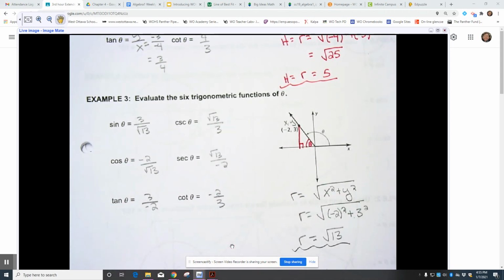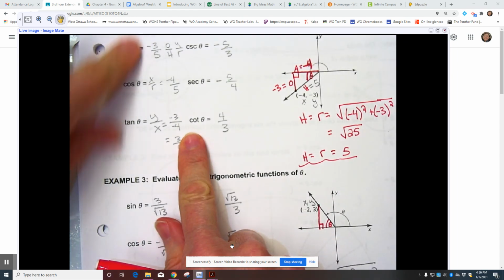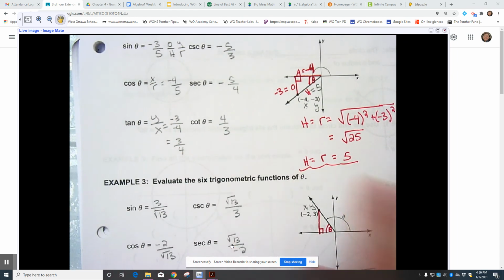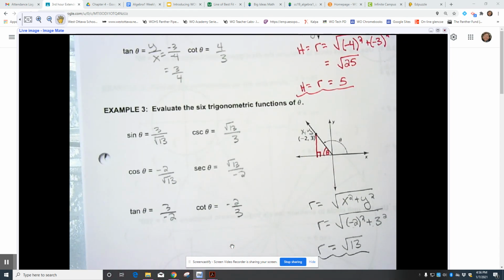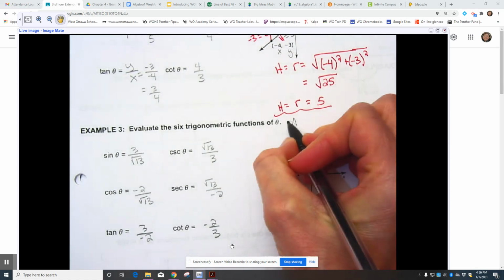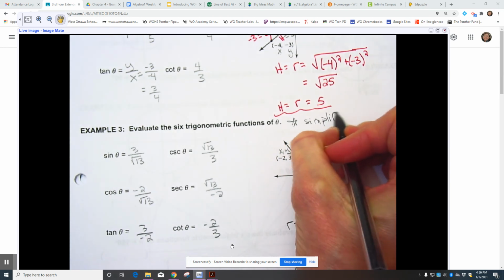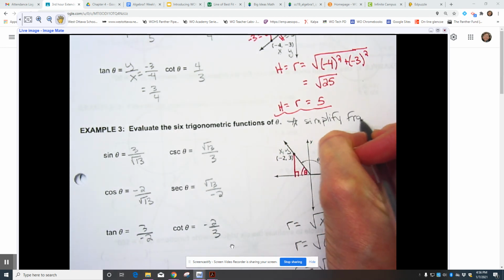Okay, hopefully that is what you got. One more thing I want to mention before I end this video is all of our fractions or ratios that we had here were already simplified, but you need to simplify fractions. I'm going to add it here. You should too.